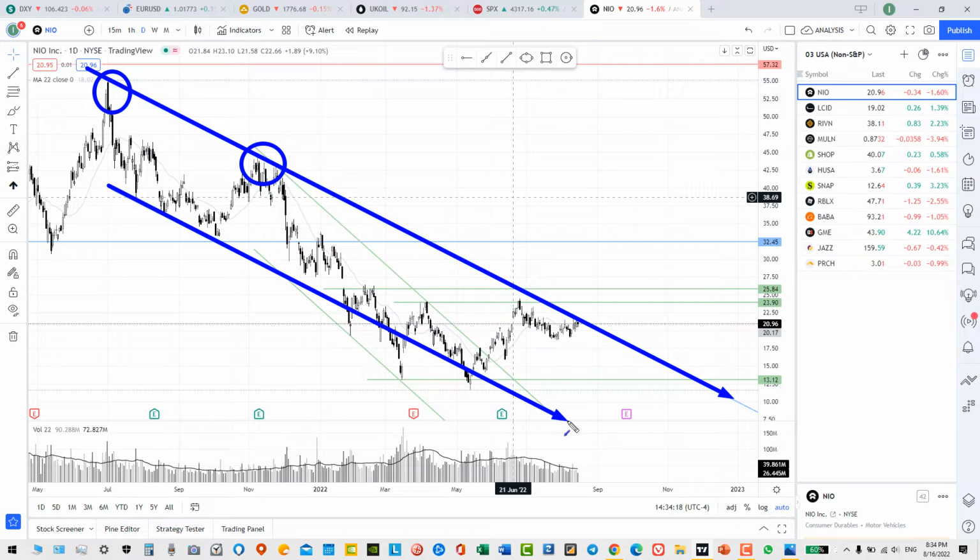the downside. This impulsive wave started in December, and here are the peaks that created the downward impulsive wave.